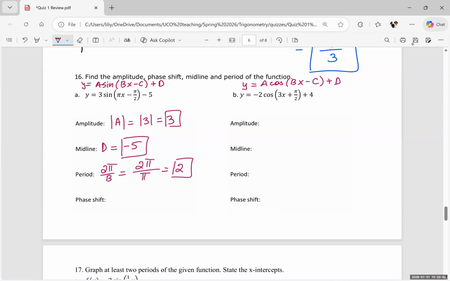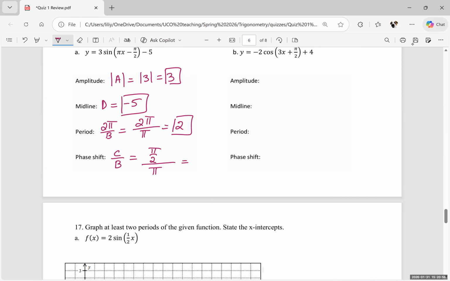Phase shift, that's C over B. Now our C is positive pi over 2, and pi is my B, so that's pi over 2 times 1 over pi, essentially.